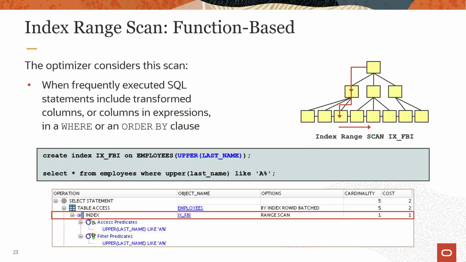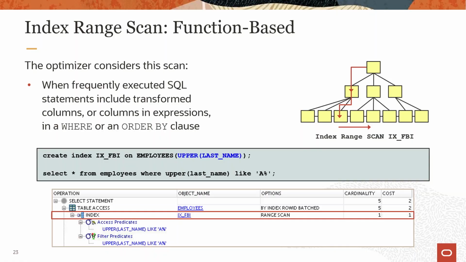Because the optimizer, when calculating selectivity, when calculating cardinality, does not know upfront what the outcome will be of, in this case, the function upper. So it says, look, if there is an index, I can never know for sure that using that index will be okay because I never know in advance the outcome of the upper function.